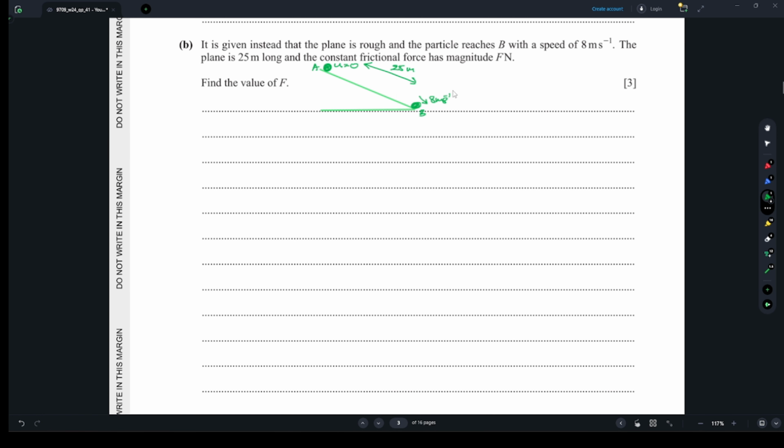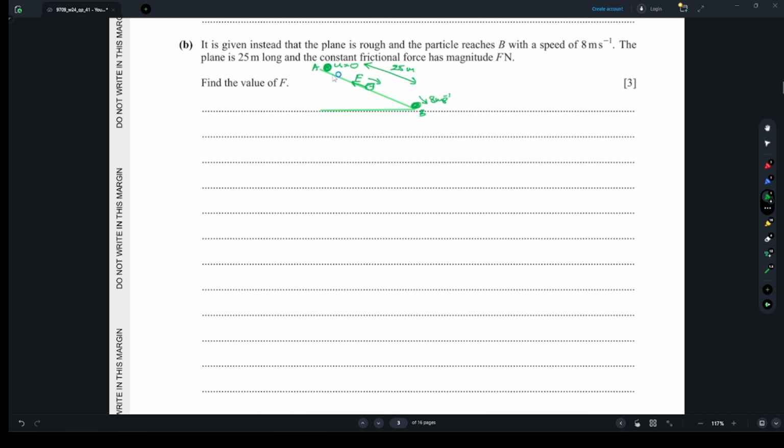Okay, and then there is a constant friction force that has a magnitude of, okay, so let's say here somewhere in the middle, so it's moving downwards, so we have this upwards friction force F.